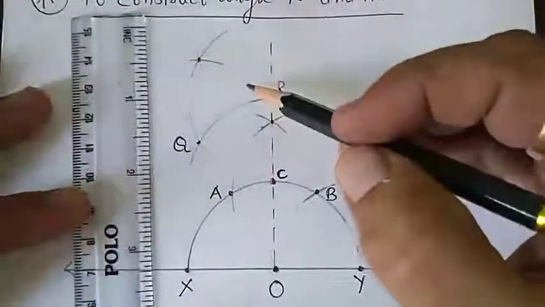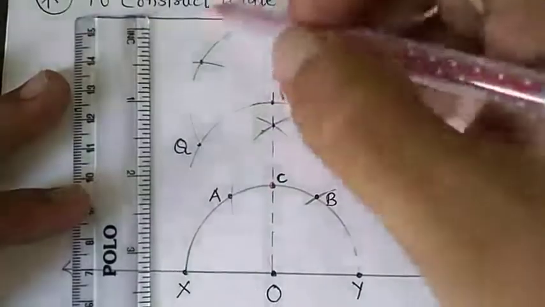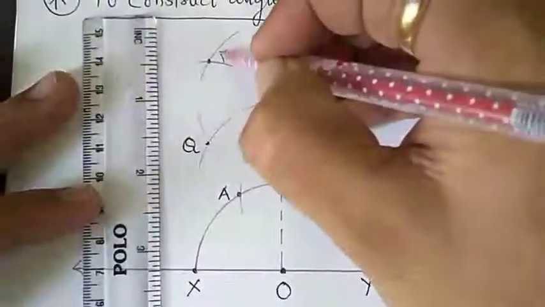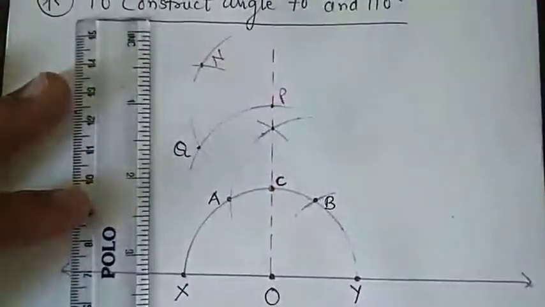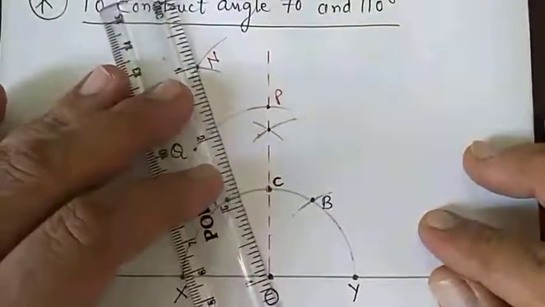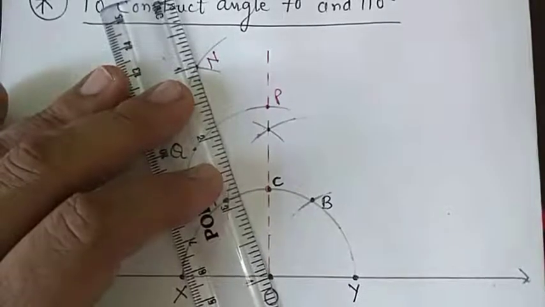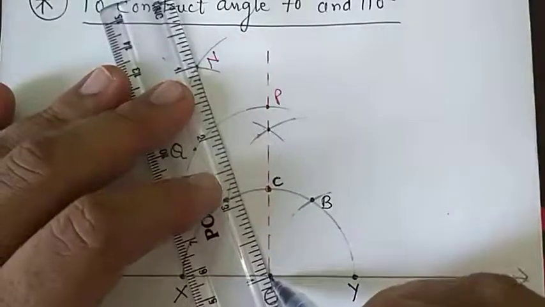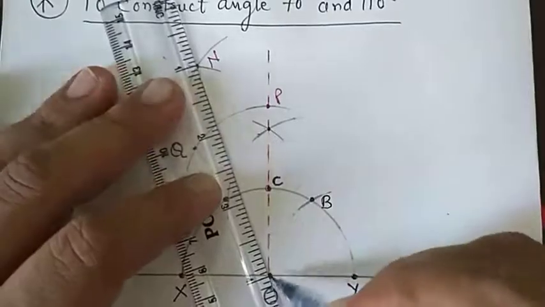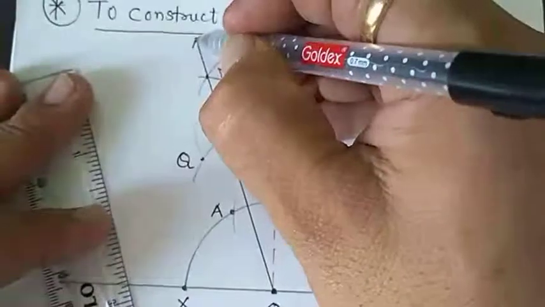So intersecting point from P and Q we will name as N. Now with the help of ruler we can join this point ON, or we can draw a ray passing through this point A starting from O. So a dark line.